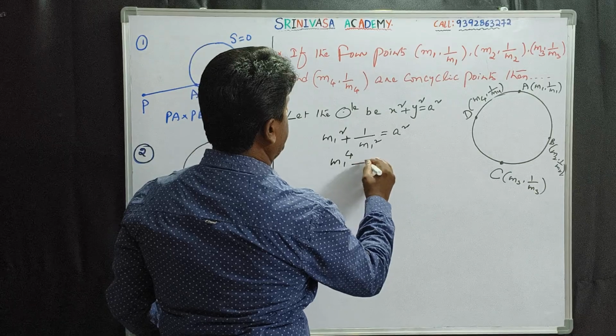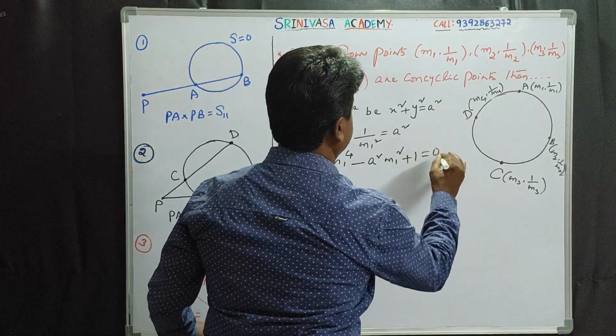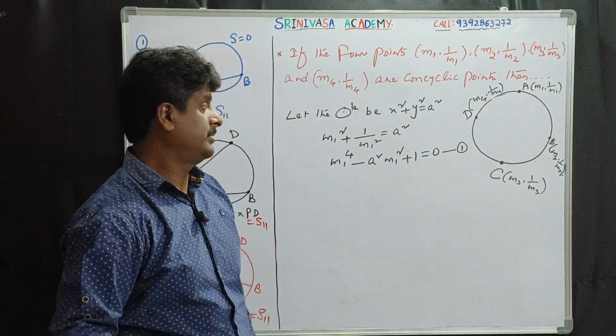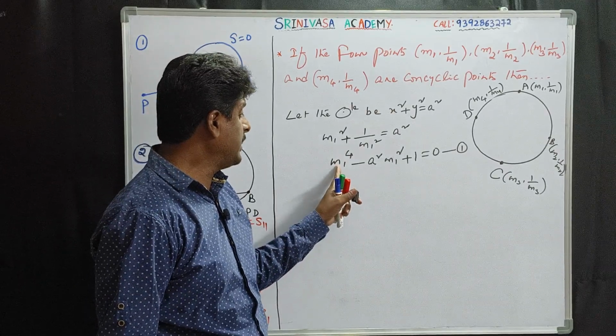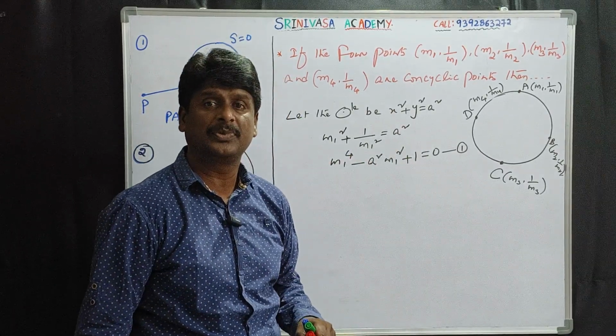M1 power 4 minus a square times M1 square plus 1 is equal to 0. Number 1. Similarly, as (M2, 1 by M2) lies on this circle, we get M2 power 4 minus a square M2 square plus 1 is equal to 0.